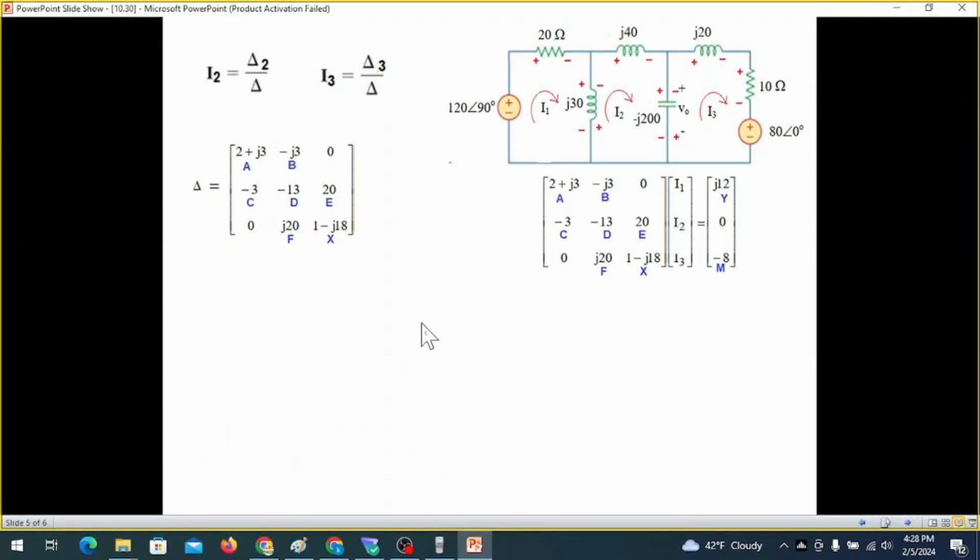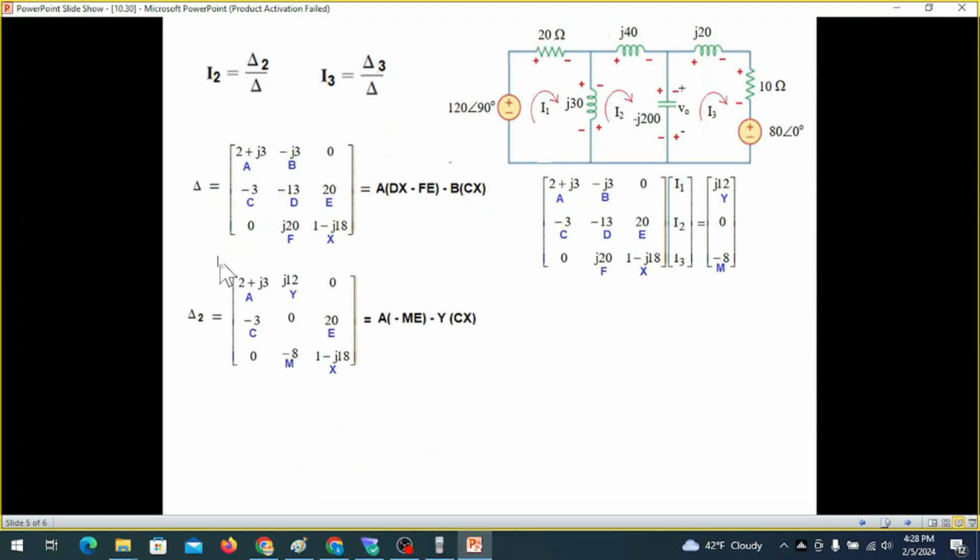Okay, now for delta, we can write it like this. A, then this matrix, delta X minus FE, then minus B, and for this we have now C and X, Cx minus 0E, so there is no need of writing minus 0E. And then for delta 2, we shift the second column by the output.